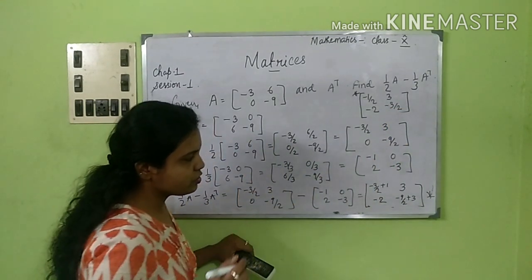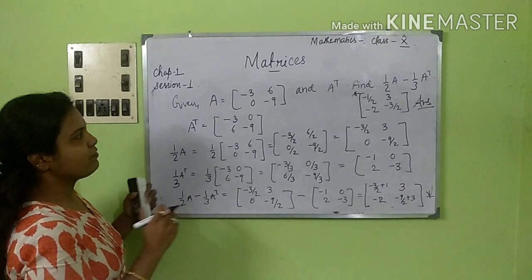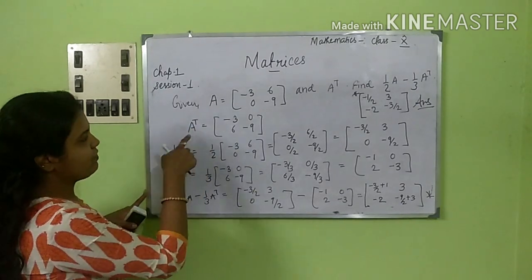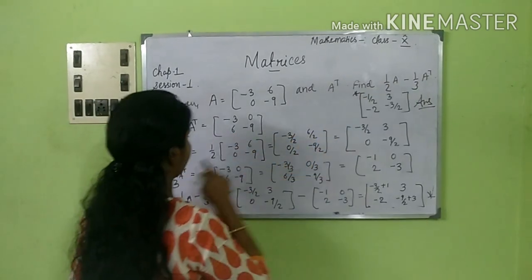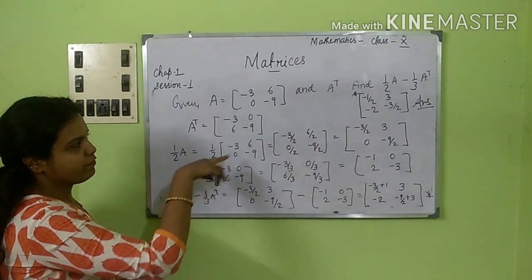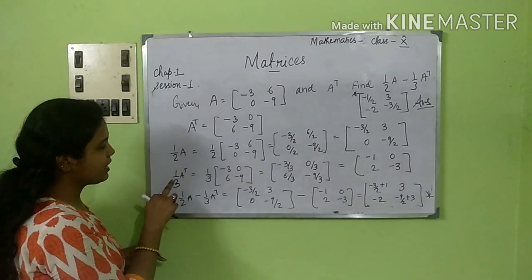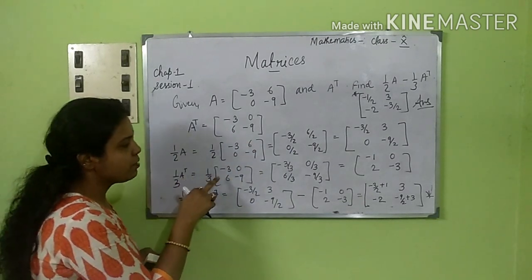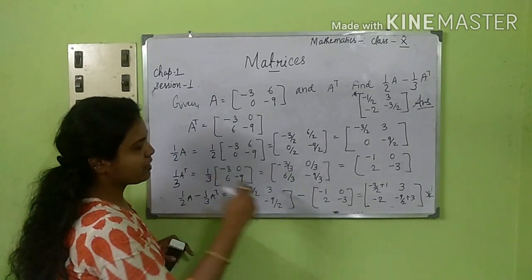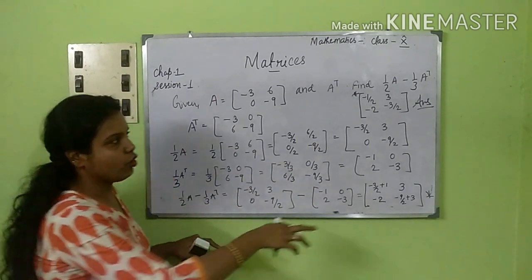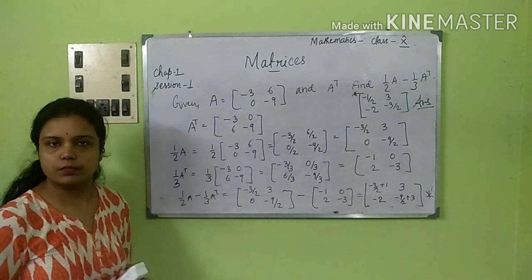Okay, so this is your answer. So first what we have done is, A was given, we have taken out A transpose, then found the value of half A just by multiplying half with its elements, again 1 by 3 of A transpose, multiplying 1 by 3 with all the elements, then subtracting the two results. We have got this particular matrix as the answer.